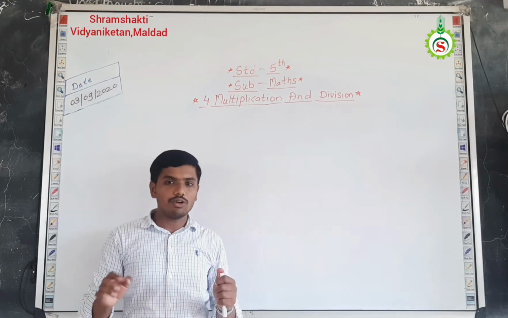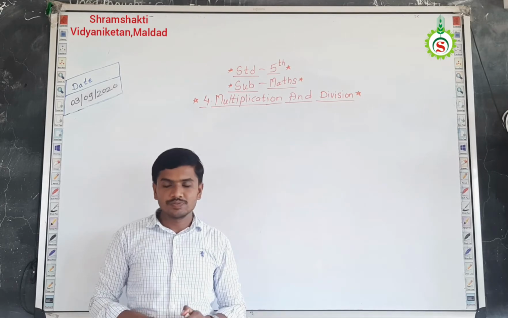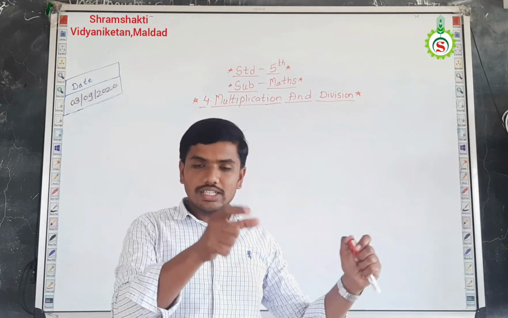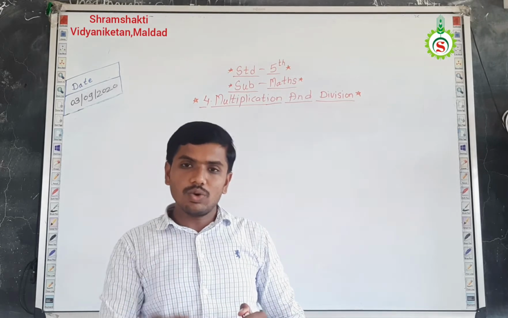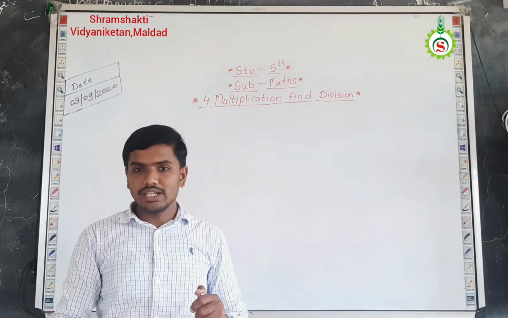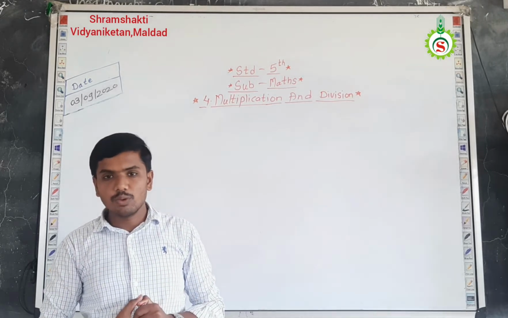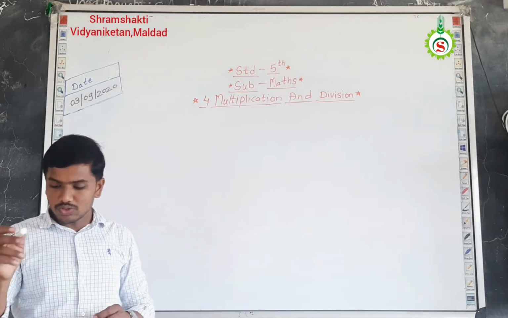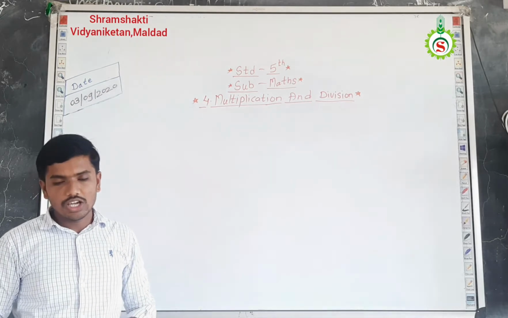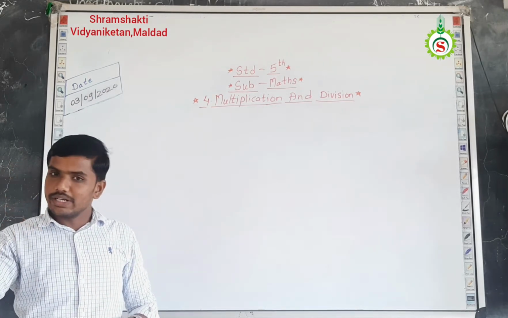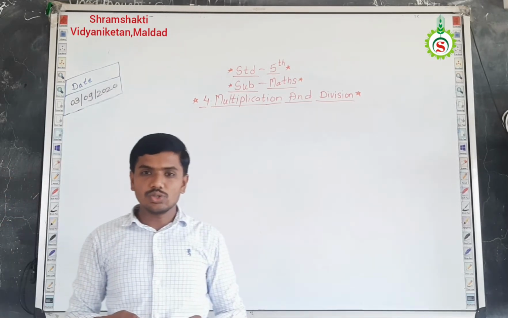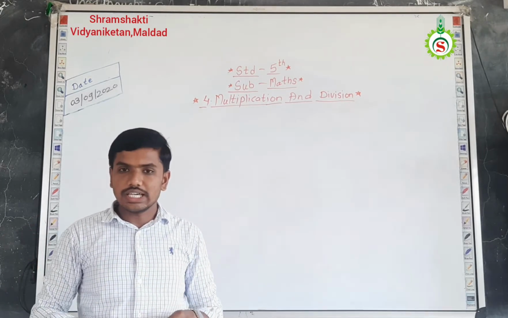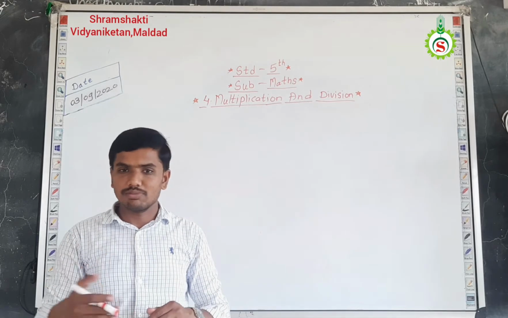I think all of you have solved that in your notebook. So in today's lecture we are going to solve the remaining word problems related to multiplication from problem set 14. Question number 2 to question number 10 are all word problems related to multiplication. One by one we will see which problems they are and how to solve them.